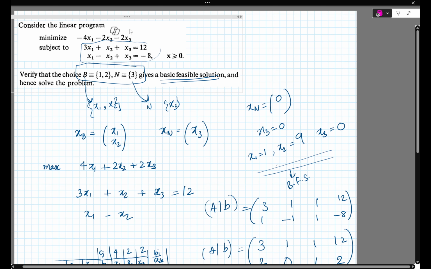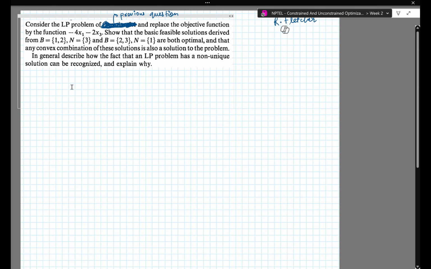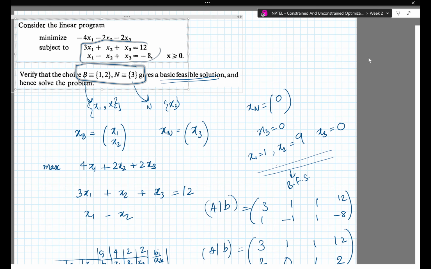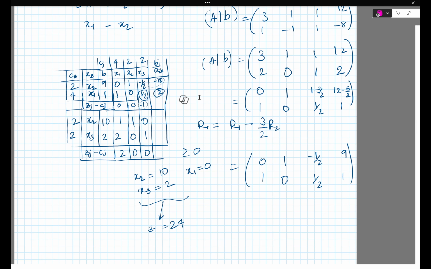What was the last table in this problem? The last simplex table. Yeah, zj minus cj. But here x2 and x3 are basic and x1 is non-basic, right? Yeah. So non-basic is greater than 0. It has to be a unique solution.